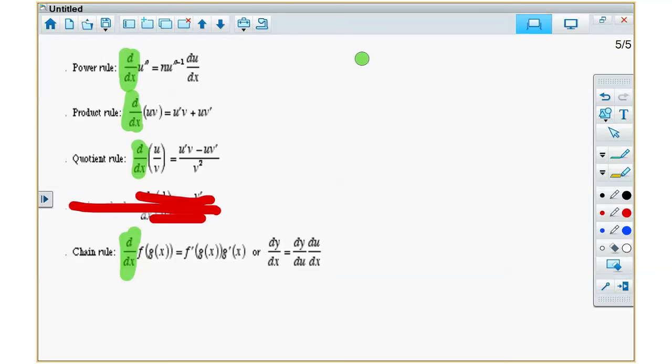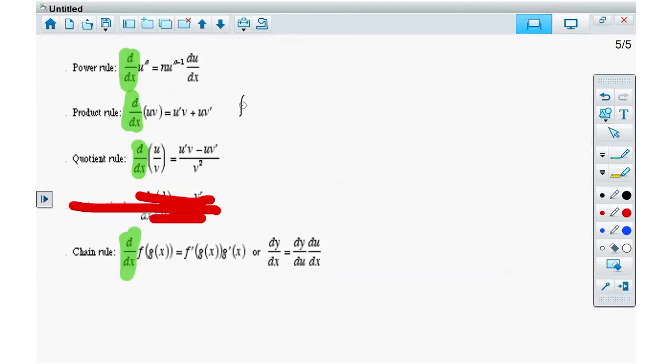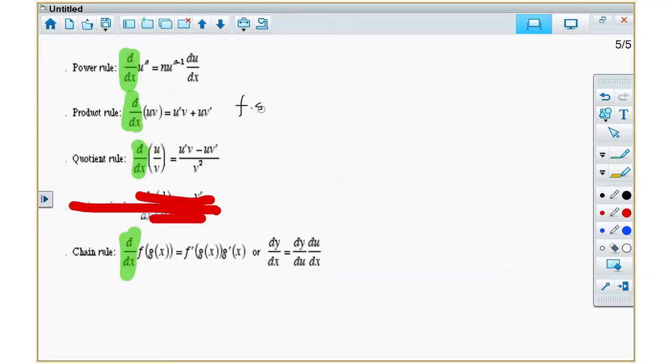First times the derivative of the second plus the second times the derivative of the first. And what I usually give you, I give you S and F. I'll just rewrite it for you right now. First times the derivative of the second plus the second times the derivative of the first. That's how you take the derivative of two things that are multiplied together.